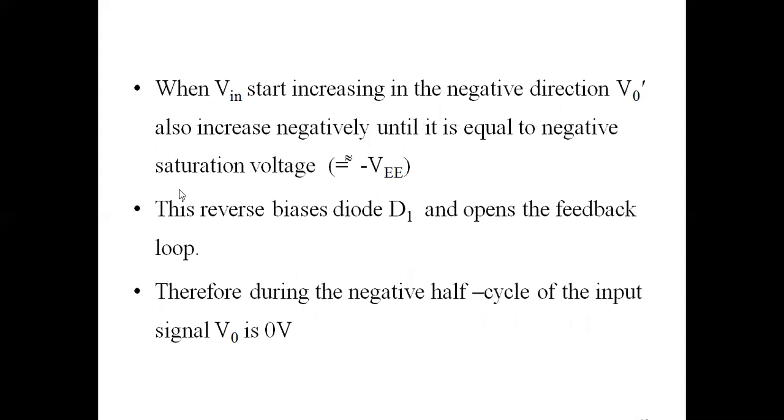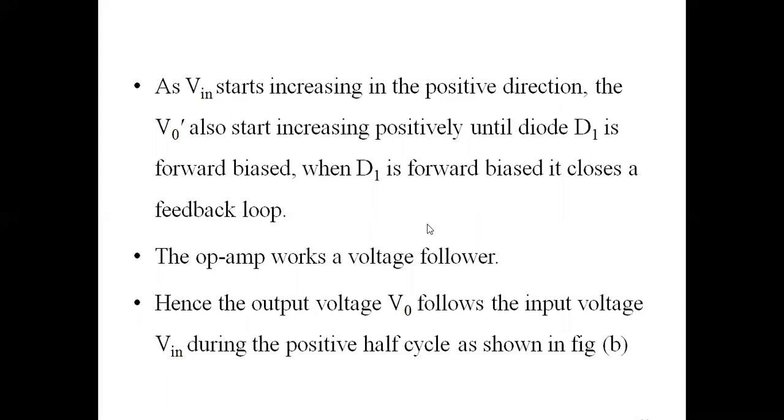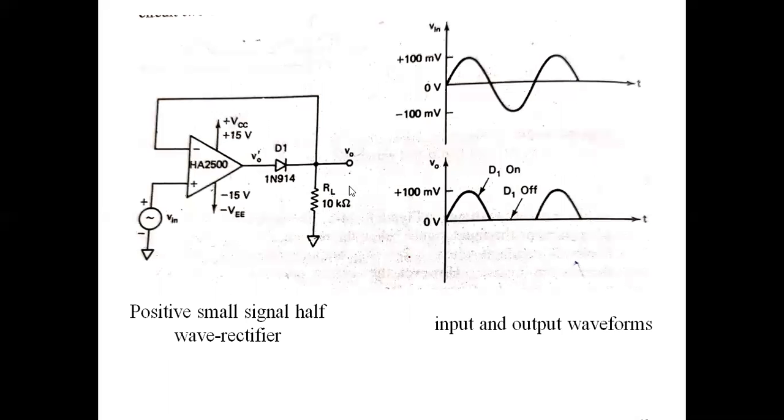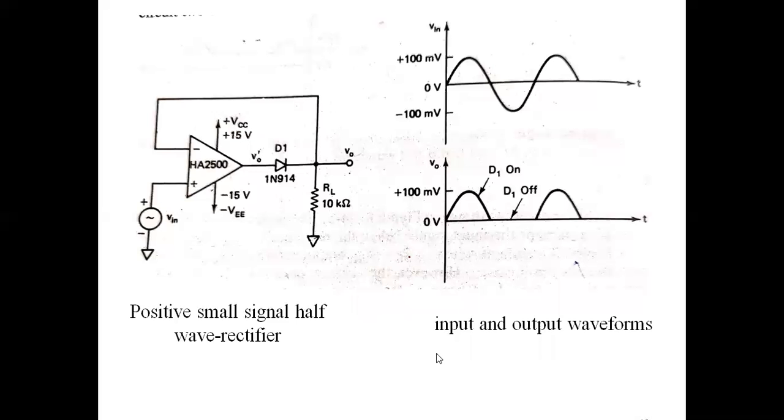Now the op-amp at that time works as a voltage follower. So the output voltage V0 follows the input voltage Vin during the positive half cycle, following whatever input voltage we give it.